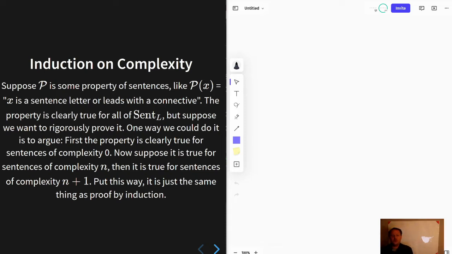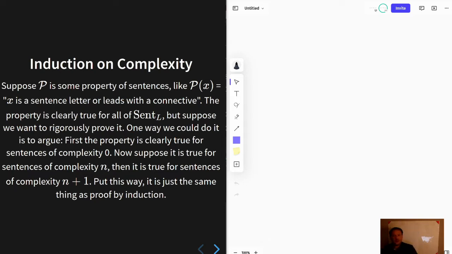One way you could approach that is by using regular induction. Have an indexed family of sets, and prove that our particular claim holds for the base case, and also that if it holds for some non-negative integer n, then it also holds for n plus 1.